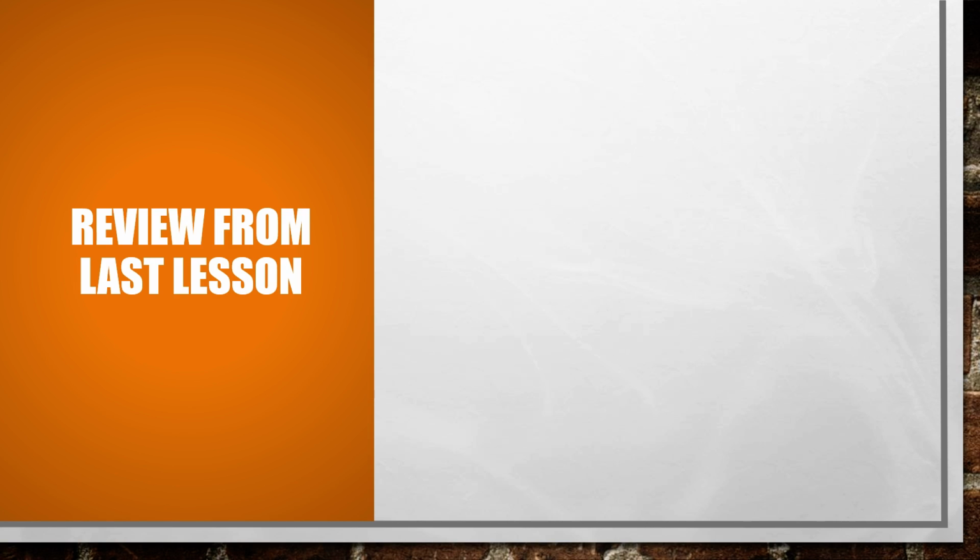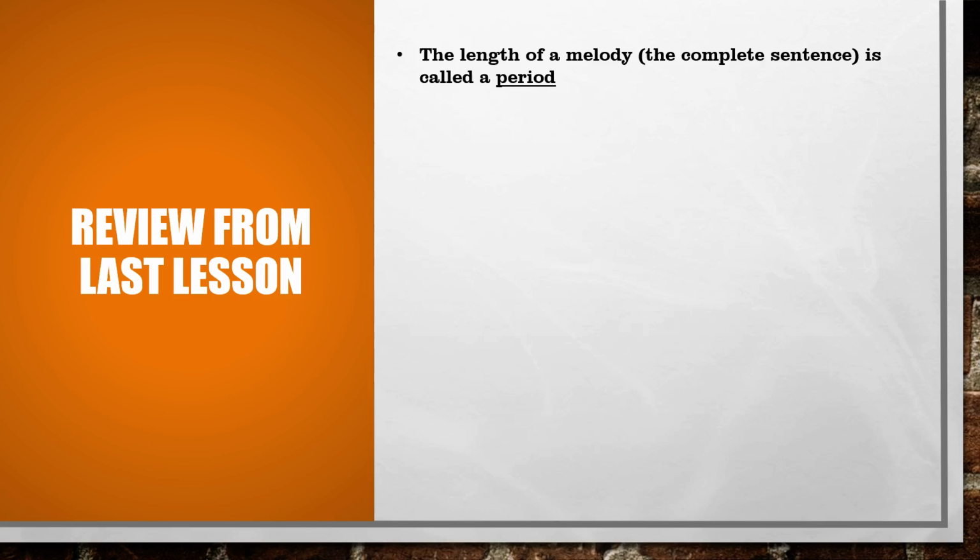So let's do a quick review of what we learned last lesson, just to make sure that we're up to date and not forgetting anything. The length of a melody, which we call a complete sentence, is called a period. Remember that we often misname a phrase as being a sentence, but a phrase is really just a component of the sentence that is the period.